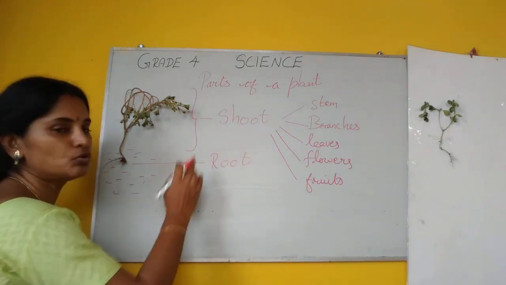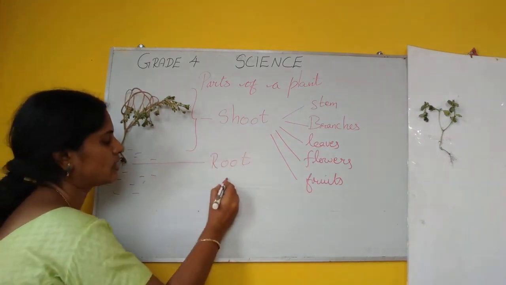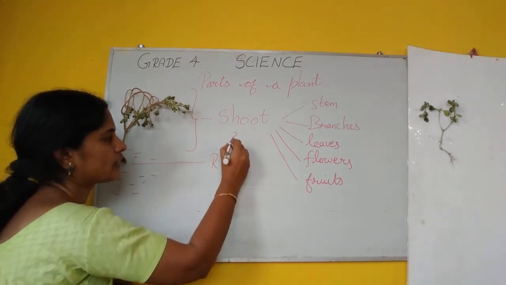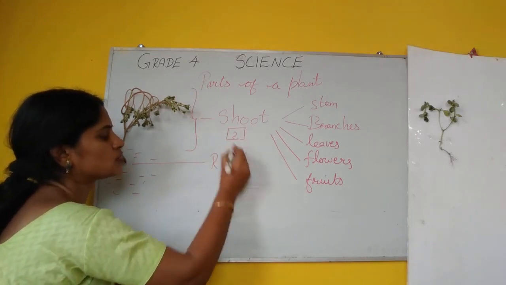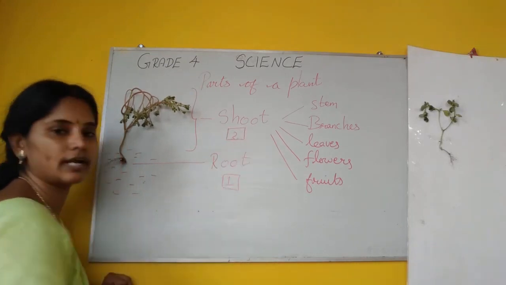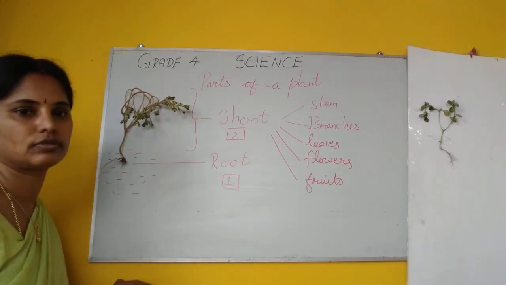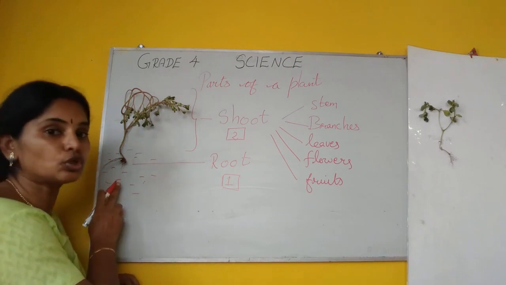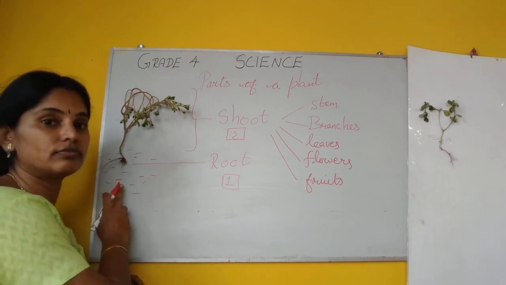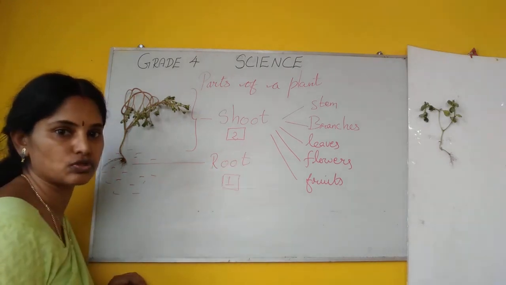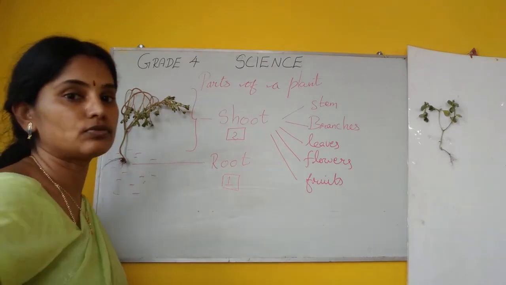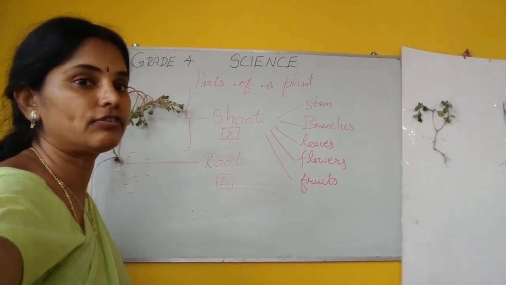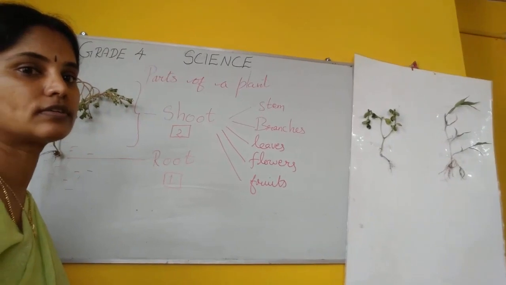So the two main parts of the plant are root and shoot. Clear, children? Now we are going to see about the two different roots.